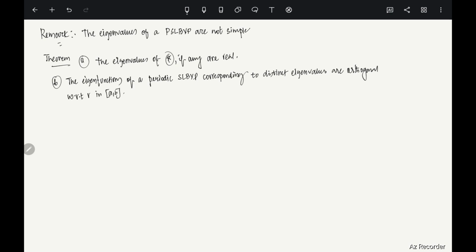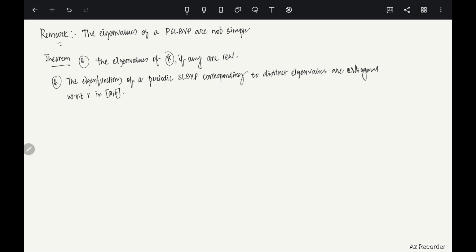Is it okay? So basically what I am trying to say is this. There are basic 3 theorems which we prove, the properties other than the existence, which we proved for the regular Sturm Liouville boundary value problem. The first one is that the eigenvalues are going to be real. If they exist, they are real. So that holds for both regular and periodic. What about the orthogonality of distinct ones?